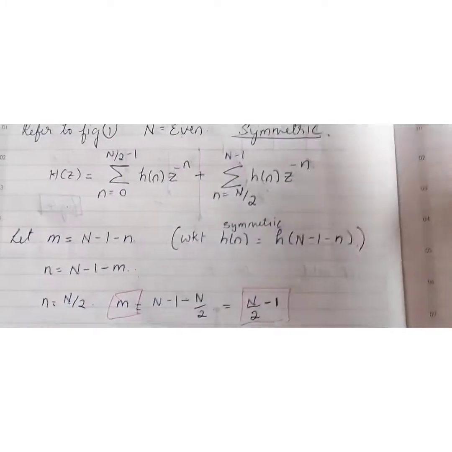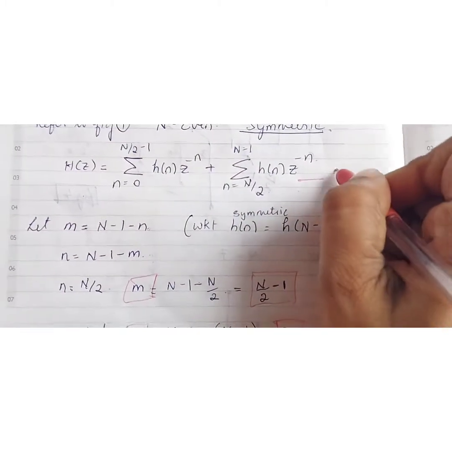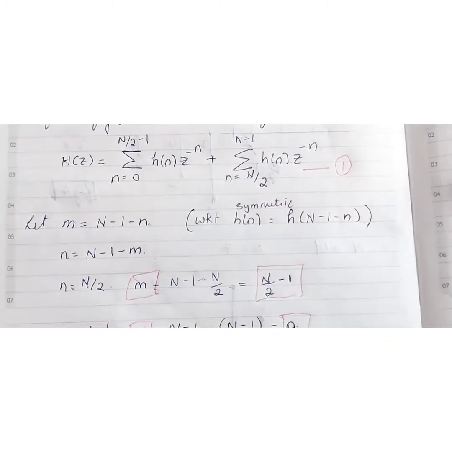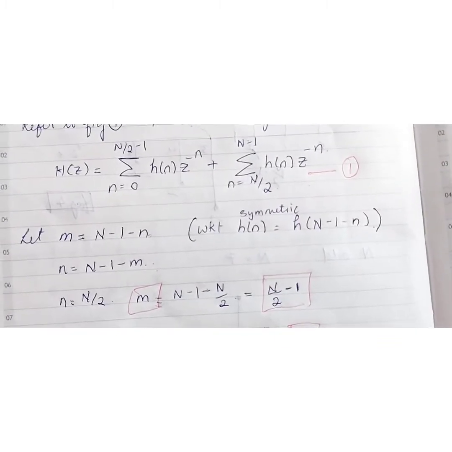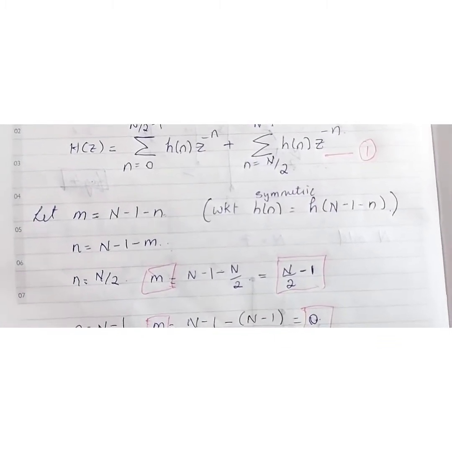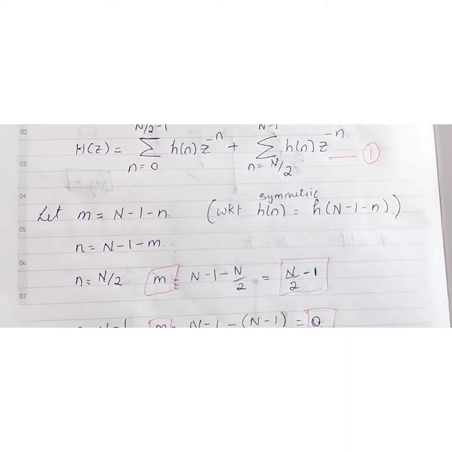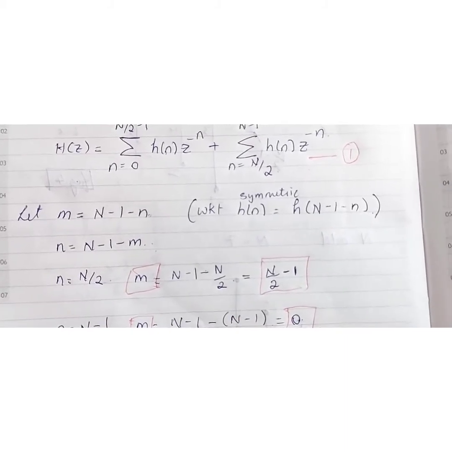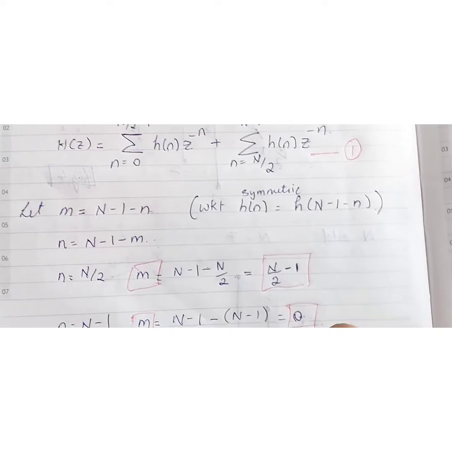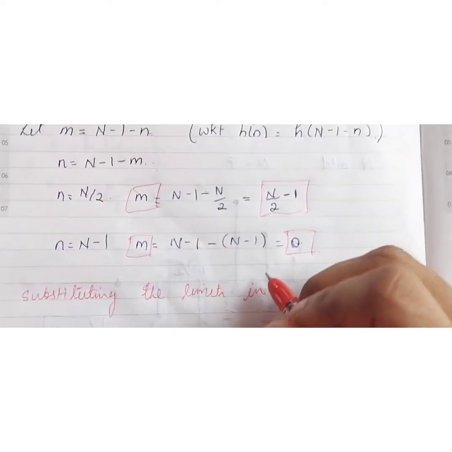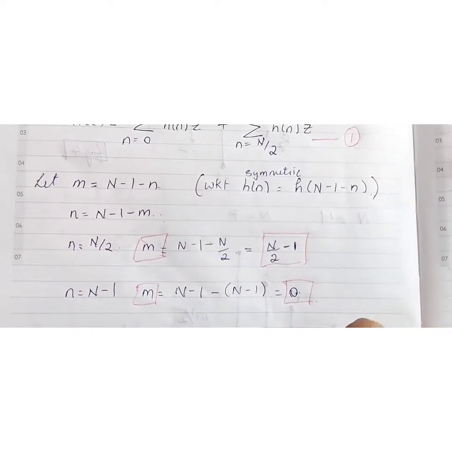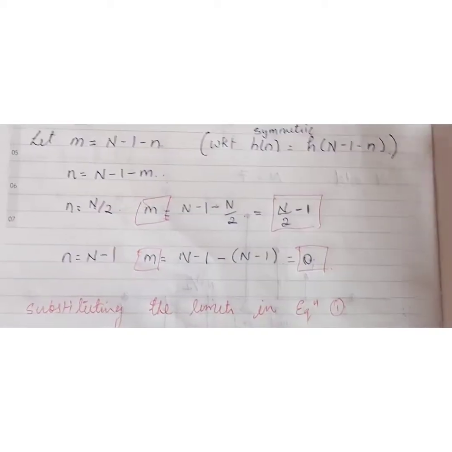You give some number to this. So you call this equation 1. So substituting the limits in equation 1, what do we get?